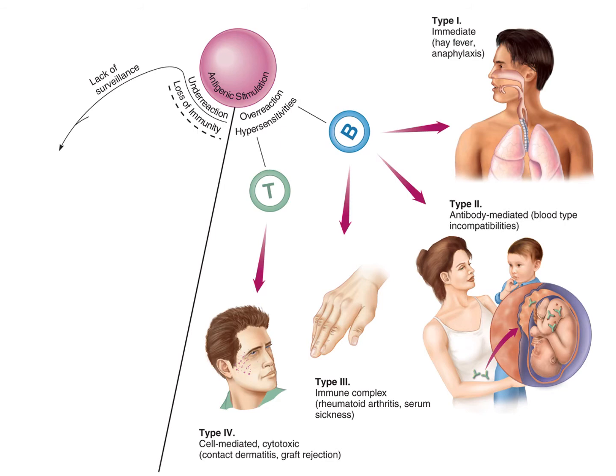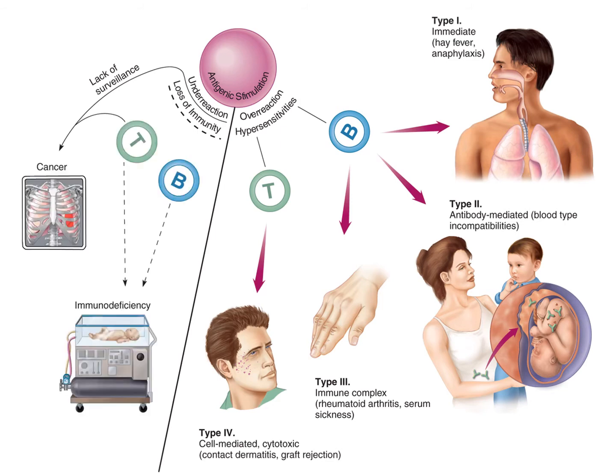An underreaction of the immune system can have two different effects. It can allow cancer to develop, and also the immunodeficiencies can leave an individual susceptible to infections. So the two types of disorders of the immune system are overreactions and underreactions.